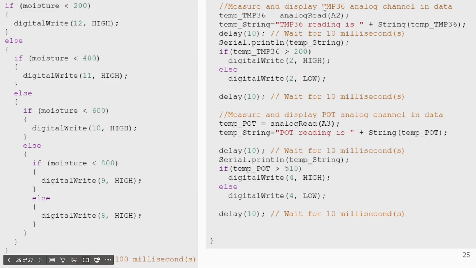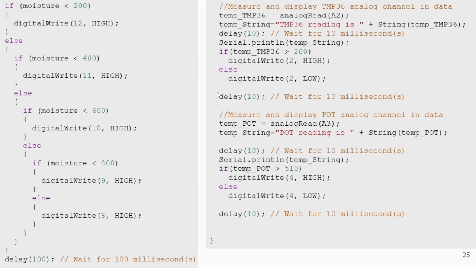And this is where I'm reading the TMP36 analog channel. I'm reading A2 and putting it into this variable, and this is my debug string. I'm printing the value I'm getting, and here is a simple if-else statement. If the value read is greater than 200, then make the LED high, else make the LED low.